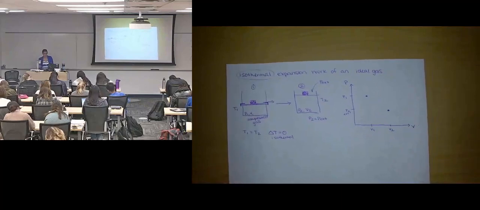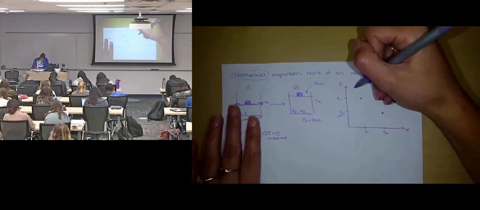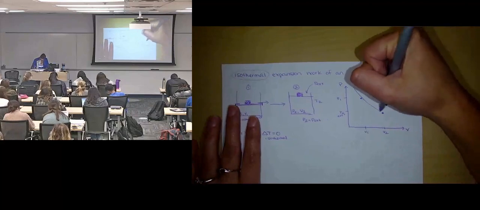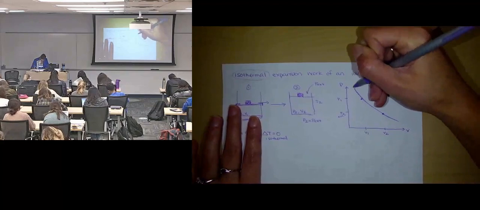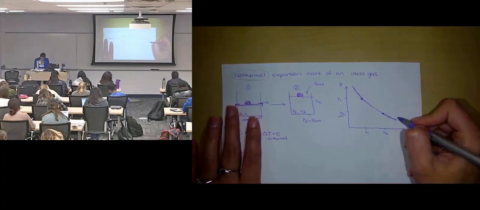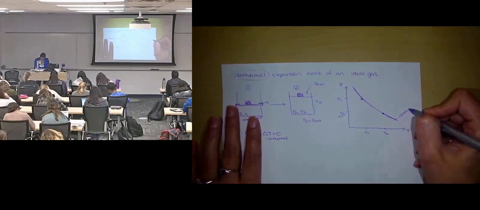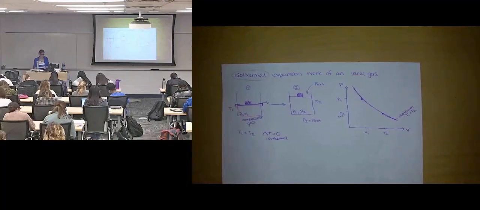And I'm just telling you right now that the path my gas would take to travel between these two positions is a curve that looks kind of like this. Okay? And so this is my isotherm. It's T1 equals T2, at some constant temperature.